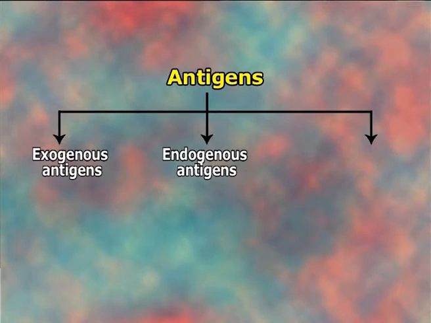Endogenous antigens are antigens that have been generated within previously normal cells as a result of normal cell metabolism or because of viral or intracellular bacterial infection. Let us see autoantigens. An autoantigen is usually a normal protein or complex of proteins, DNA or RNA, that is recognized by the immune system of patients suffering from a specific autoimmune disease.